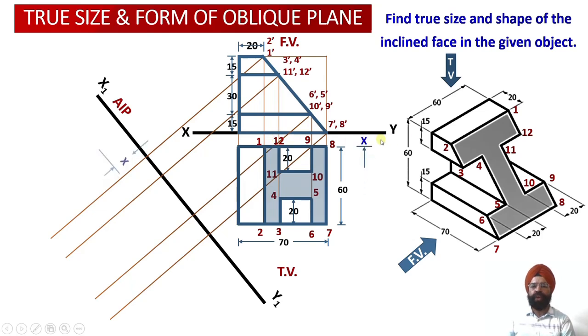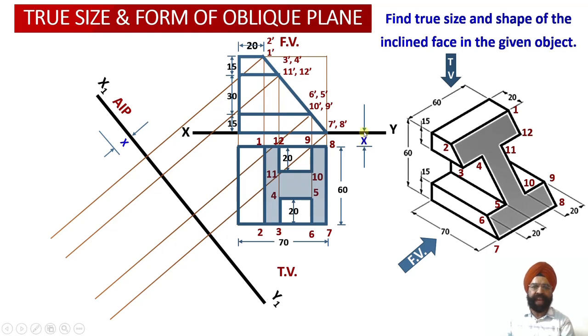So please check, we have marked this distance equal to distance x, and once we mark this distance, we are going to transfer the points 1, 12, 9 and 8 onto the corresponding projection lines in the auxiliary plan view. So let us mark this distance onto the auxiliary plan view. This is the distance x which corresponds to this distance over here. This is a flexible distance, so it can vary depending upon the construction we are making.